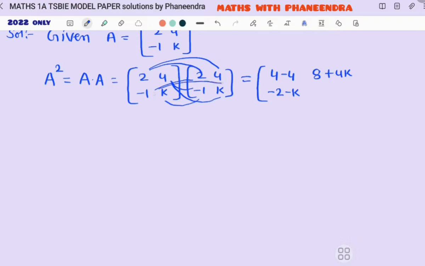Next, minus 1 into 4, minus 4. So k into k, k square. So A square is equal to [4 minus 4, 8 plus 4k; minus 2 minus k, minus 4 plus k square].